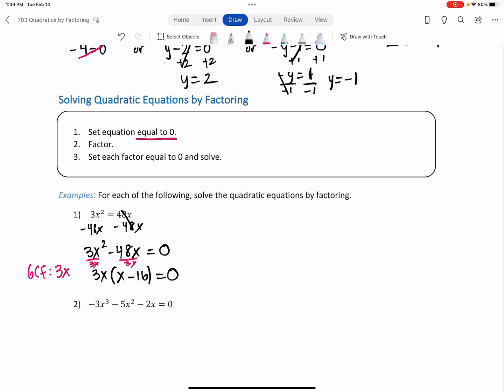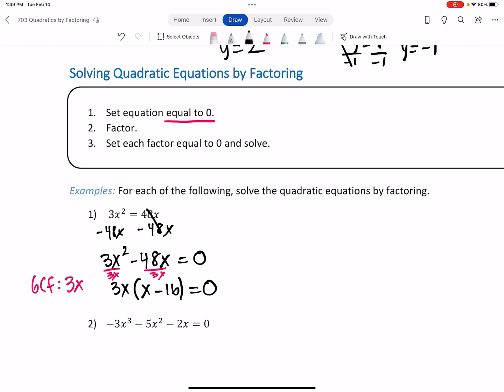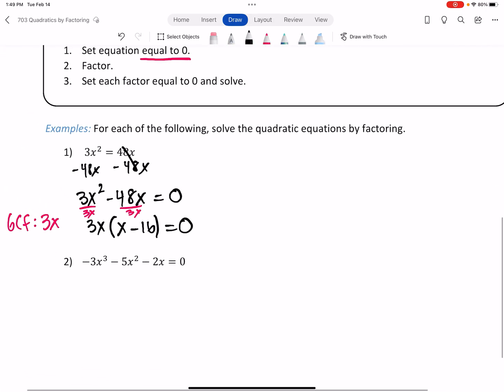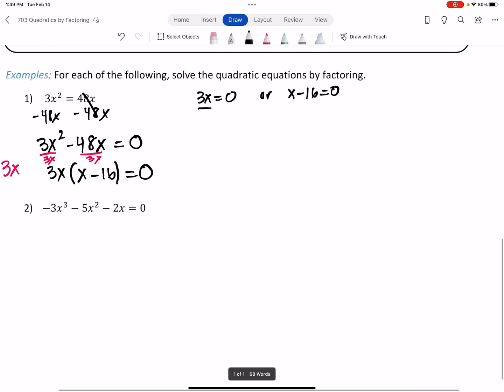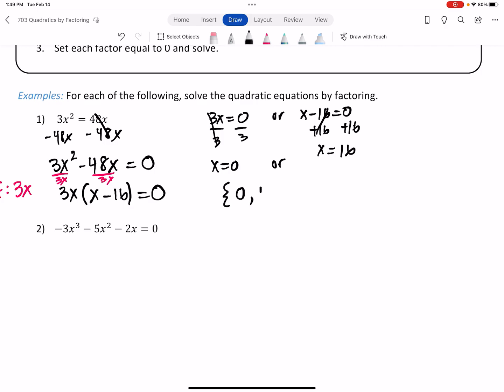So now I have 2 factors multiplied together equal to 0. So I can use that zero product property, and I can say 3x is 0 or x minus 16 is 0. Solve them. X is 0 or x is 16. So my solution, which we sometimes write in curly braces like this, is 0 comma 16.